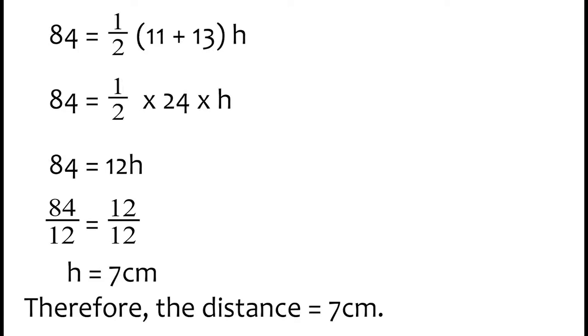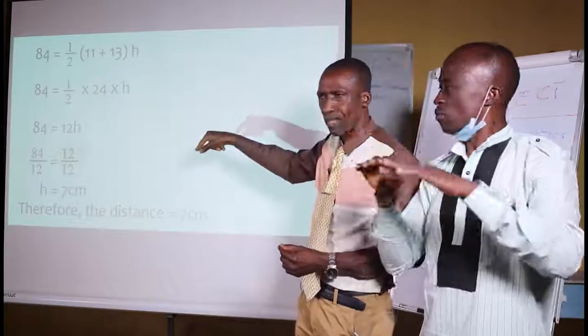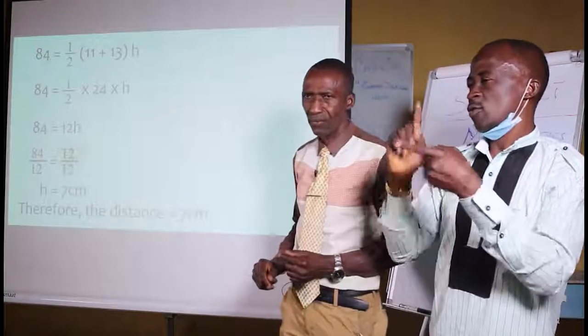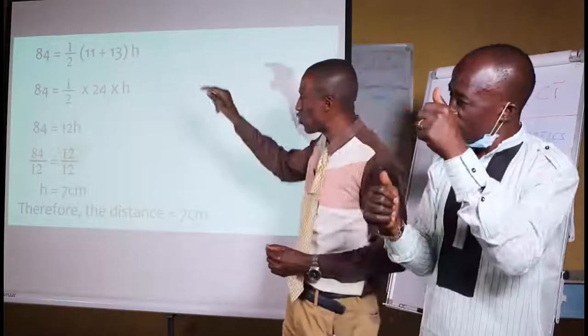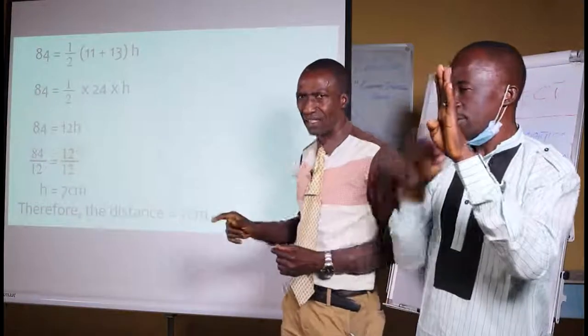Now, the area is given as 84. So, in place of the area, you write 84 equals 1/2 into, our A is taken to be 11, and our B is taken to be 13.